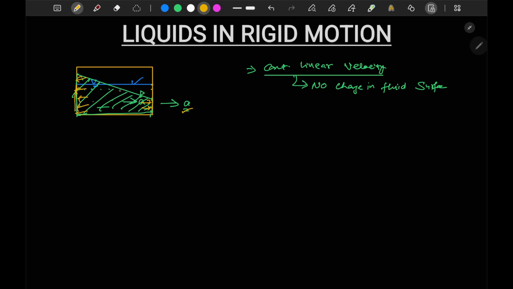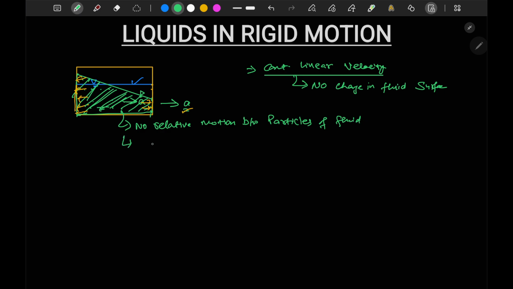So as I mentioned, this entire liquid will act as a rigid body. Since it acts as a rigid body, we can say that there won't be any relative motion between particles of fluid.